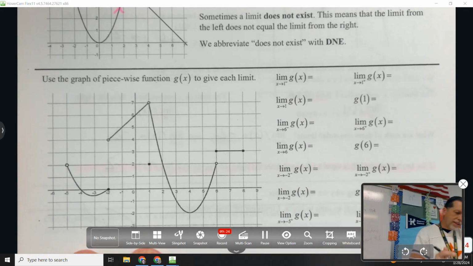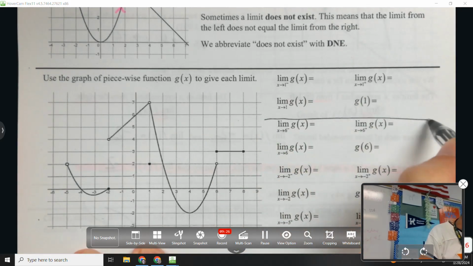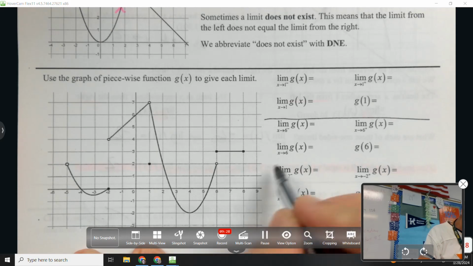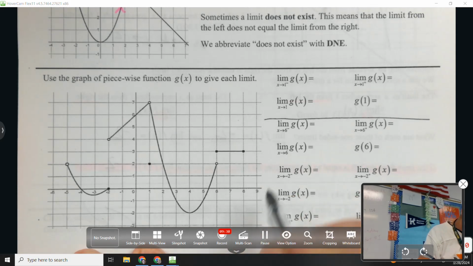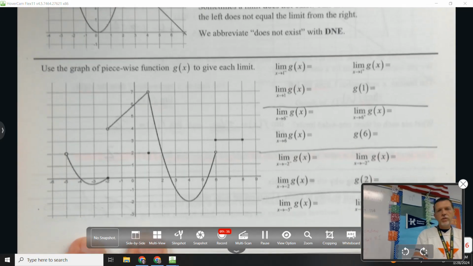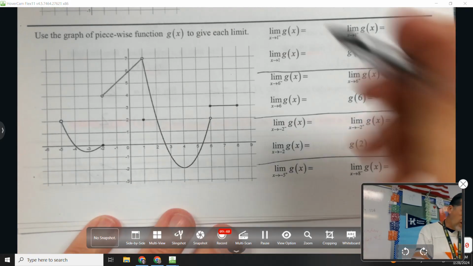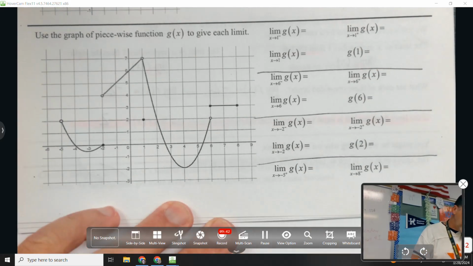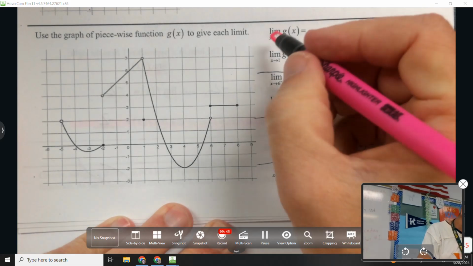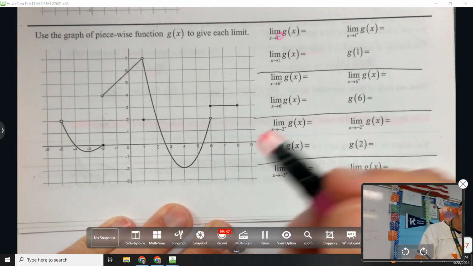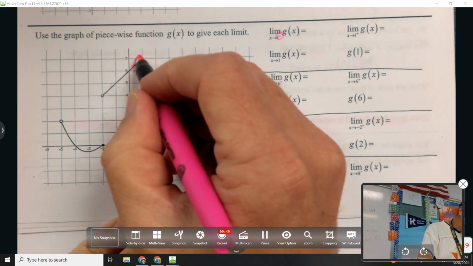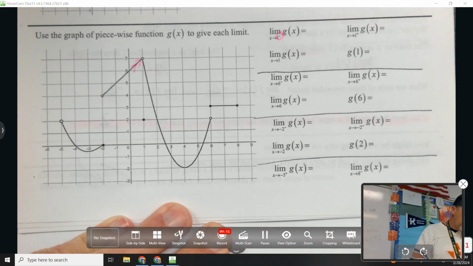Okay, some practice. And these are grouped. So there's some stuff at 1, some stuff at 6, some stuff at 2. Let's do the ones together, and then I'll let you try the rest on your own. x approaches 1 from the left. So that would be right there. What's that answer?